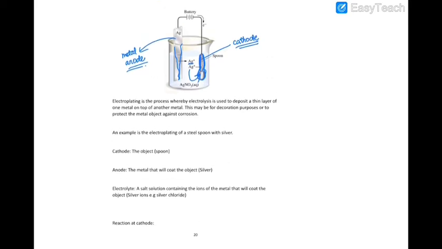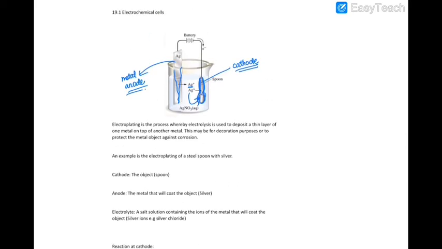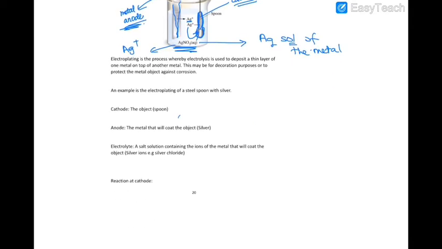So in order to do electroplating, we'll have the metal as the anode, we'll have the object as the cathode, and as the electrolyte, you will need an aqueous solution of the metal. So it should be something that's soluble in water and that contains the metal ions. So for example, this one is silver nitrate that contains Ag+ ions.